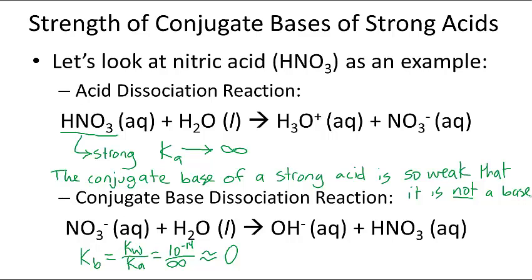All right, so the question is, does it work in the other direction if it's a strong base? Remember, strong bases are fundamentally different from strong acids because a strong base already has OH minus in it. So OH minus, what's the conjugate acid of OH minus?